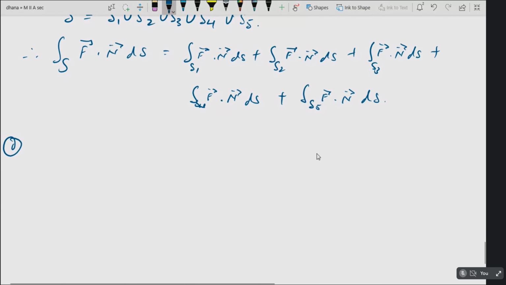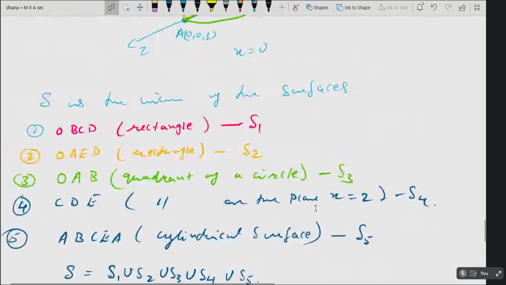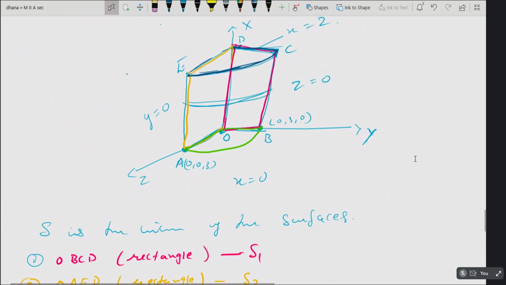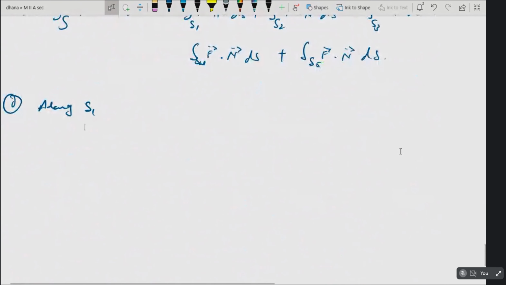Okay. Now let us calculate along S1. The first one, along the surface S1. And this S1 is in which plane, you tell me? If you have drawn it, since every time I need to move up and down. Tell me, S1 is which surface? It is a rectangle OBCD. It is in which plane? This rectangle is in Z equals 0, the XY plane. Z equal to 0 means XY plane.